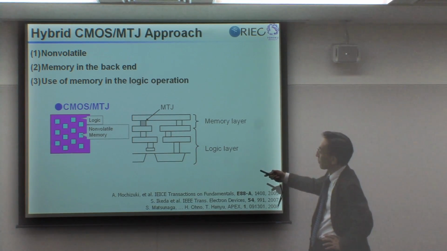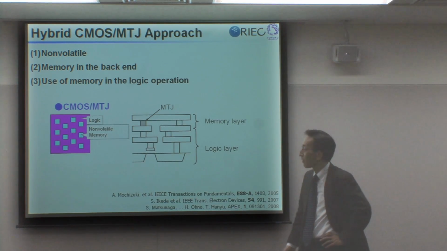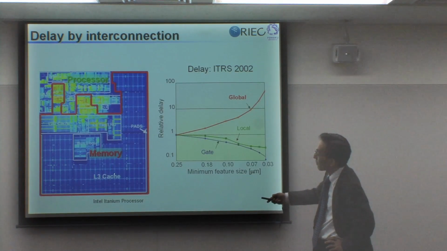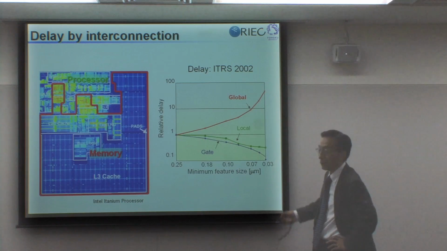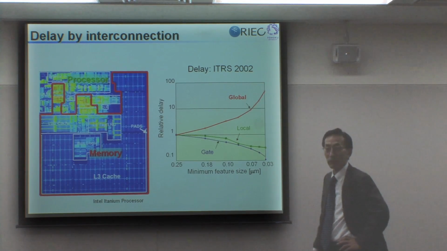But because we are not using semiconductor, we can put magnetic tunnel junctions in the interconnect. Which means that we can not only make this part non-volatile, we can put this memory on top of the processor.